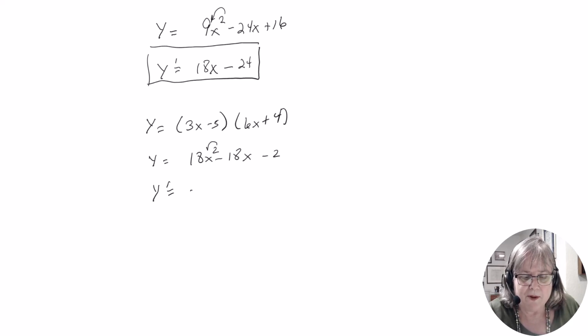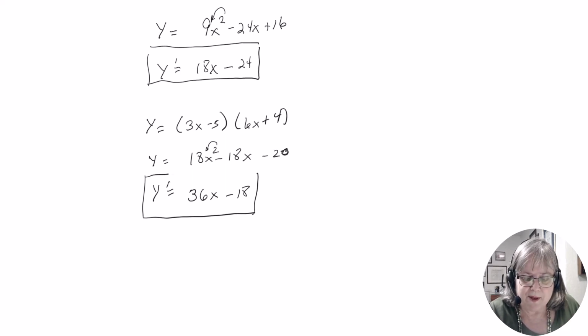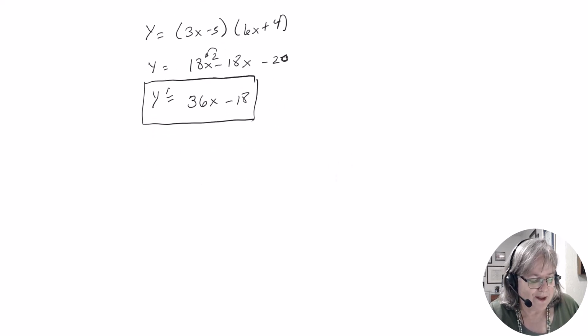You bring the power down in front. Multiply it out. That's 36. Take 1 off the power. The derivative of 18x is minus 18. The derivative of a constant is 0. I don't know why my pen's not picking up some of these last numbers. I write it, but maybe I'm doing it too much on the side. Oh my gosh, I'm just sitting there talking to you.